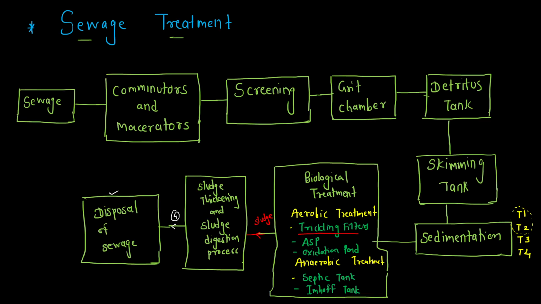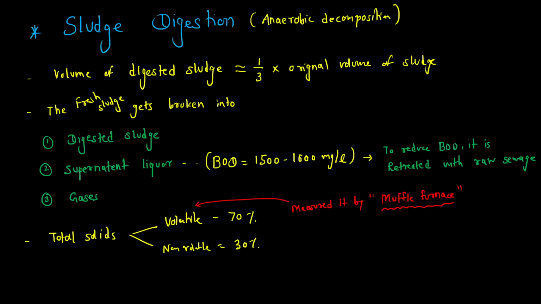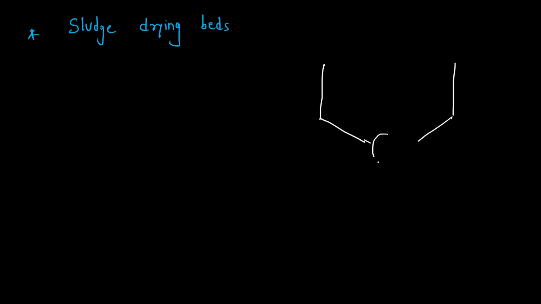Whatever the sludge is produced, that is the volume of digested sludge, it is taken to the sludge drying beds after this sludge digester, and this is the last unit. So what are these sludge drying beds? These are long beds on which the digested sludge is placed for a certain amount of time. It consists of two layers here.